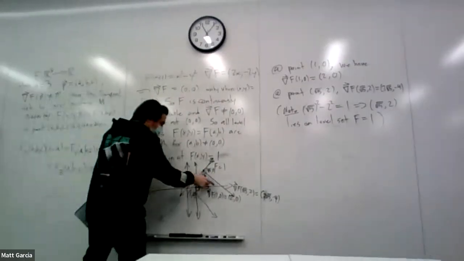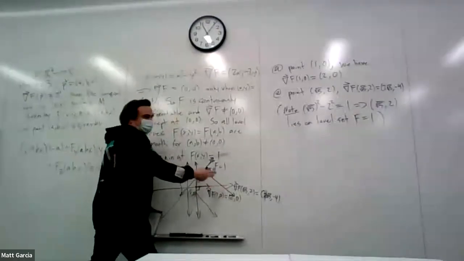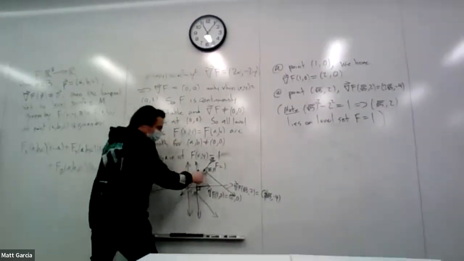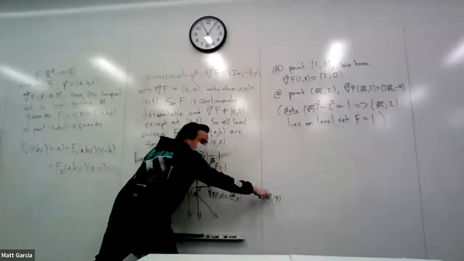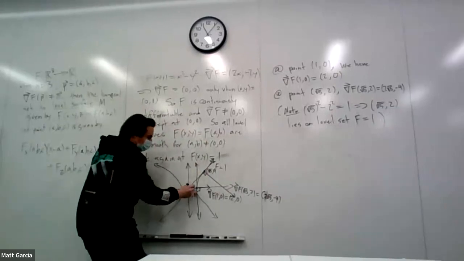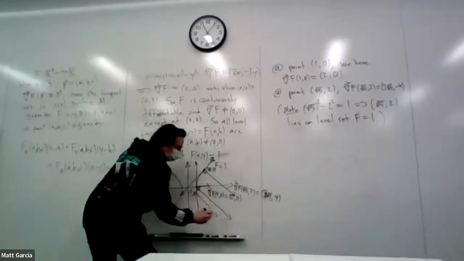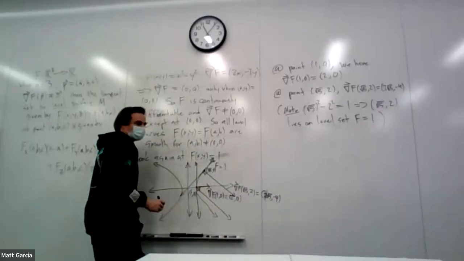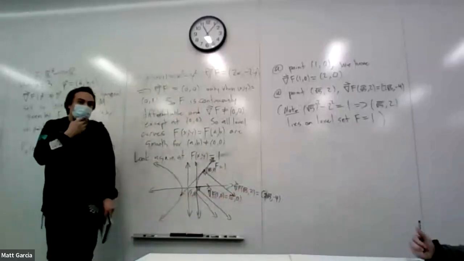So if I move this over to the origin, this gradient vector, this is schematic. I didn't draw this to scale, but this is supposed to go out to root 5 and down, since the y coordinate is -4. Right. So if I translate this vector over here, I get this. Right. That's just from the coordinates, is how I know it points in that direction.